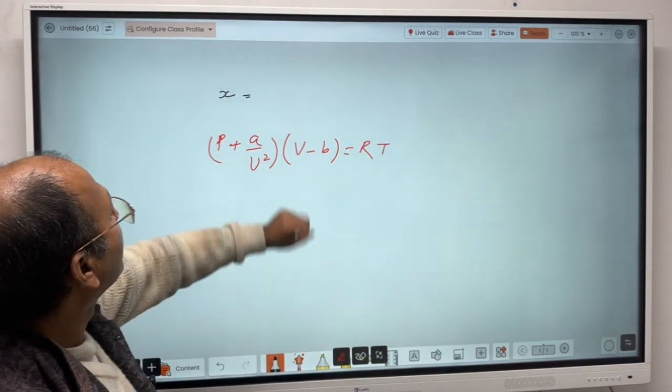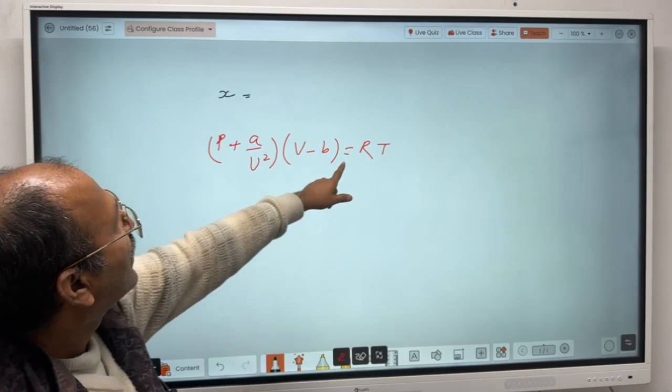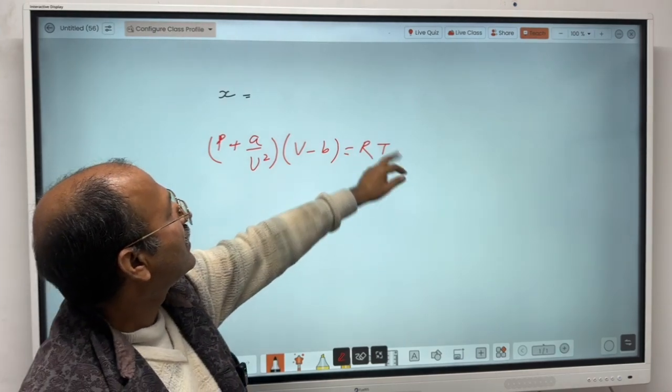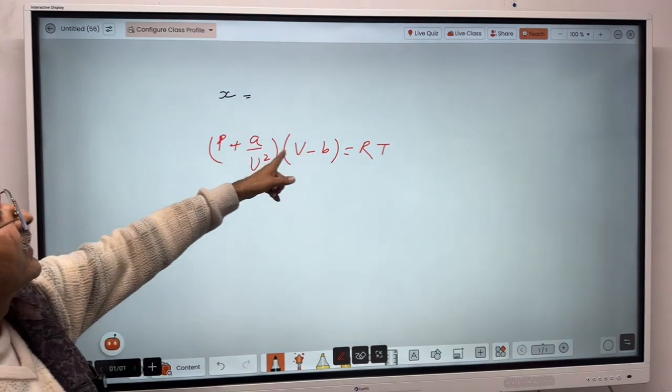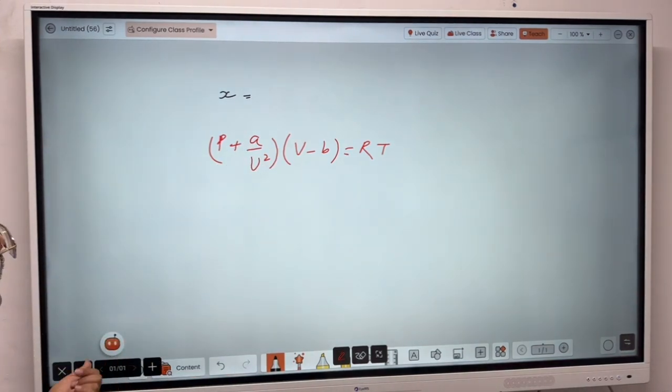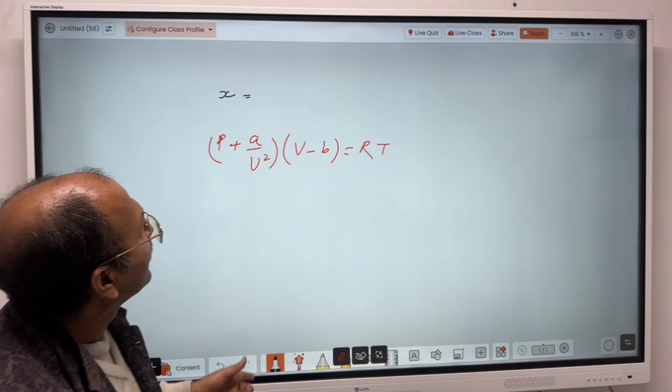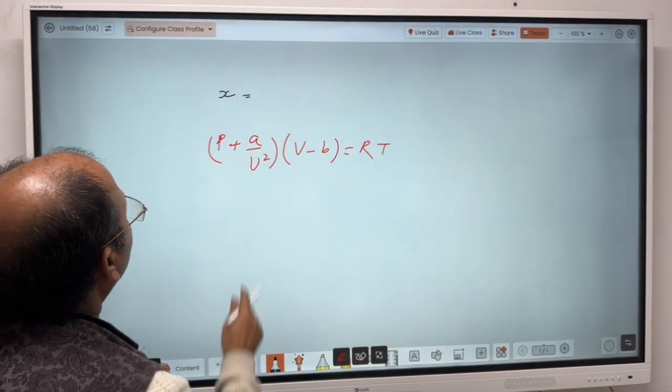Here V is volume, P is pressure, R is gas constant and T is temperature. Our concern is to get the dimensions of A and B, then we can find either A upon B or A into B as per question.